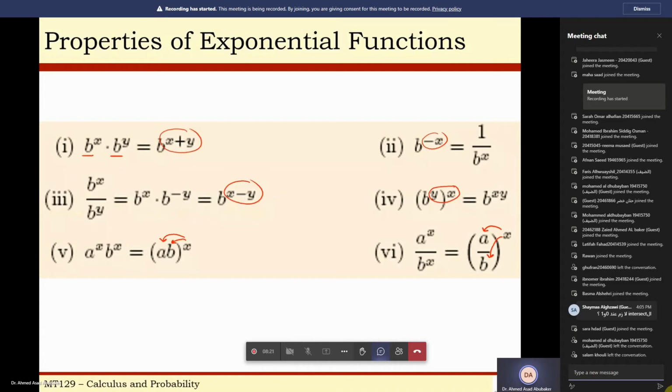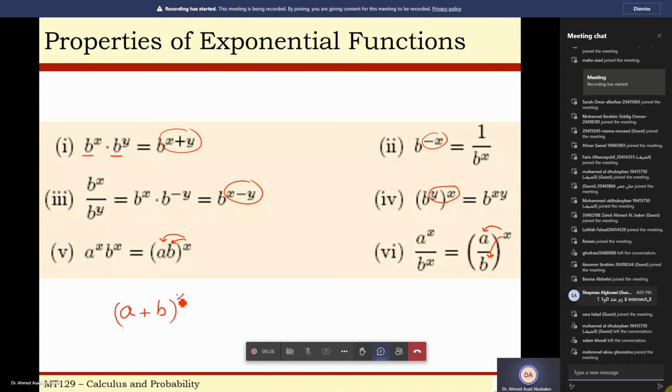But don't forget, we cannot distribute the exponent in the case of addition or subtraction. So this is not equal. Don't forget that.